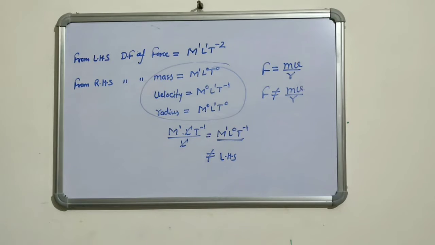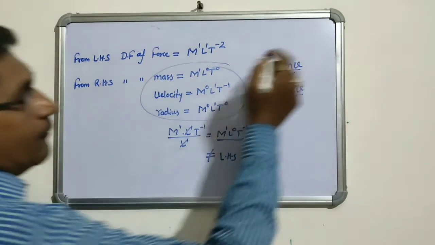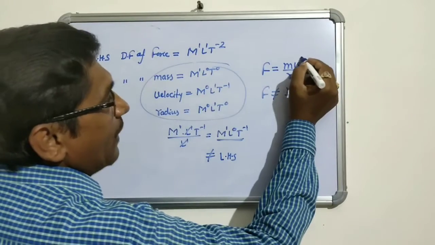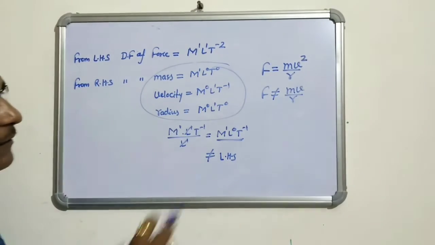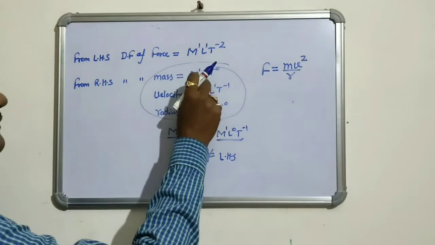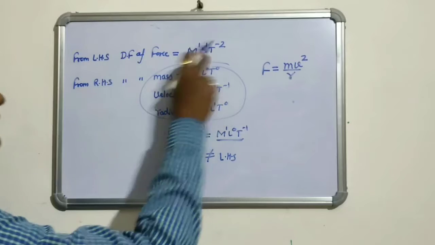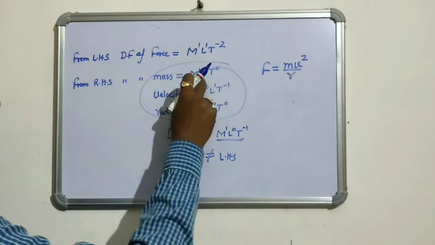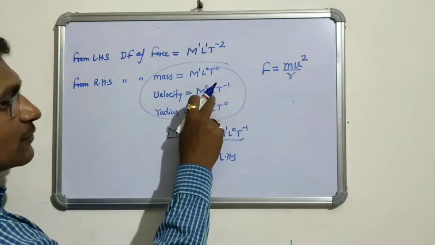Another example. Suppose we have the formula F equals mv square by r. The left hand side is force. From the right hand side, we take the dimensional formulas of mass, velocity and radius.